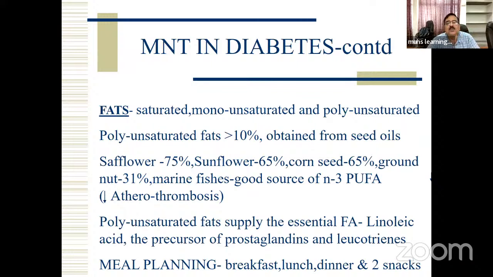Monounsaturated fats should be given. Polyunsaturated fats should be used very little, and you have to plan fat content based on the available oil. You can find olive oil, coconut oil, mustard oil, and groundnut oil.